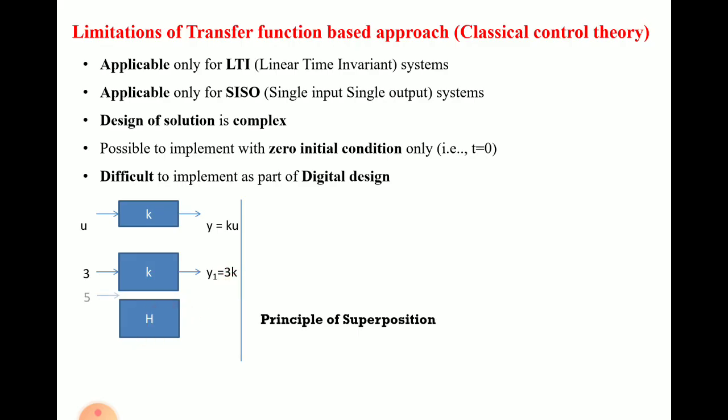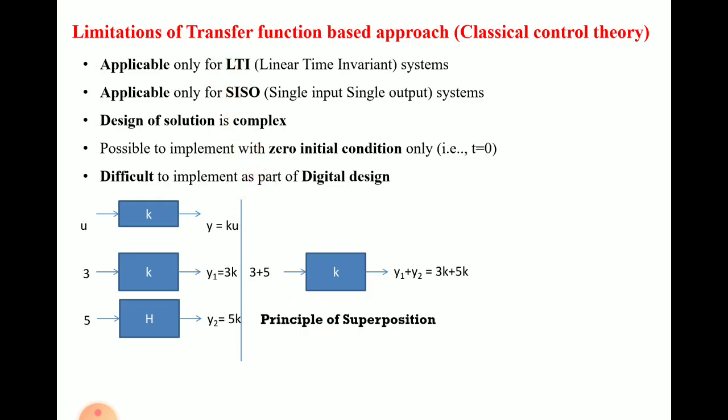In the second instance we are providing input as 5, so the output is 5 into k. Now if I provide the input as the combination, 3 plus 5, the principle of superposition states the output should also be the summation of the individual responses, that is 3k plus 5k. Again here I will be getting the same output, right? So this particular system, multiplication by a constant, since it obeys the principle of superposition, we can call a linear system.